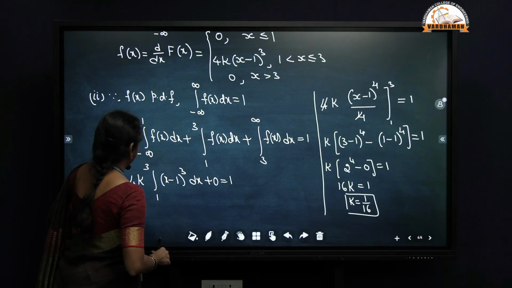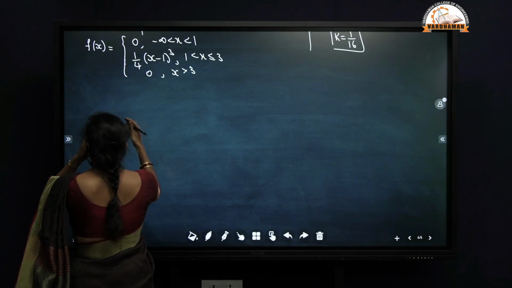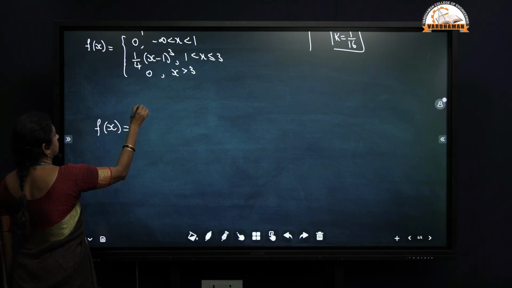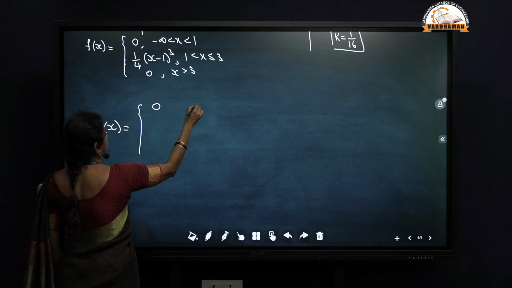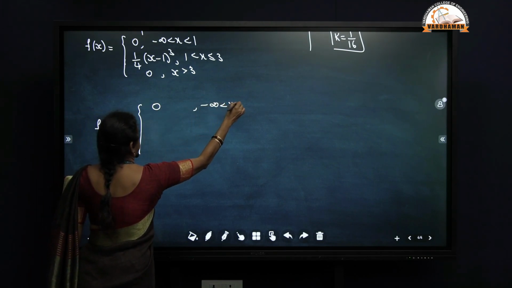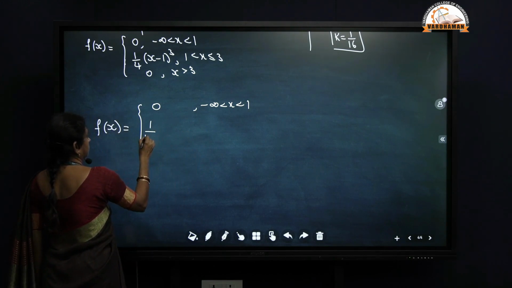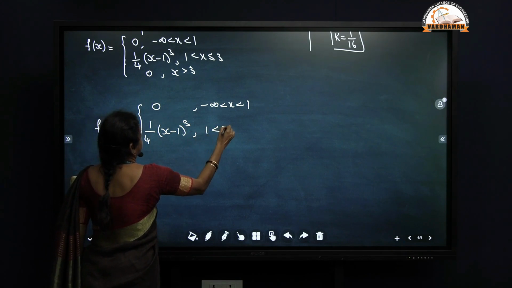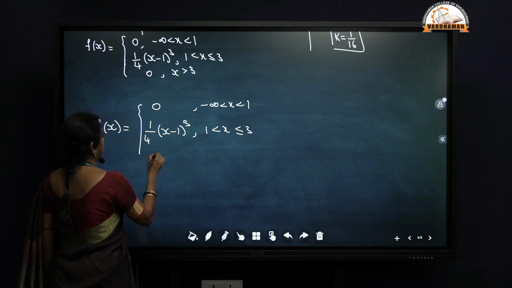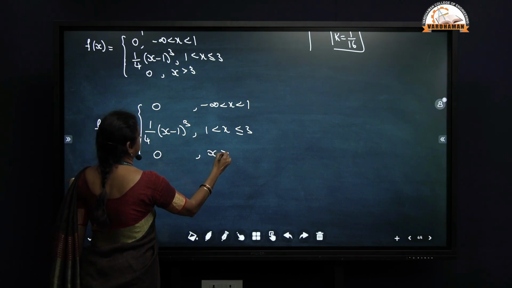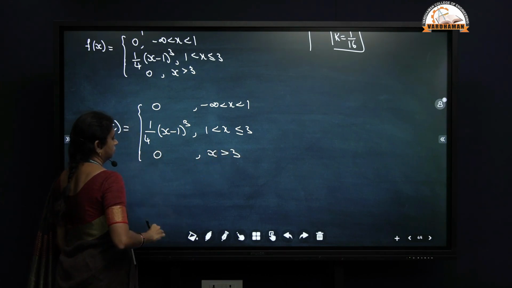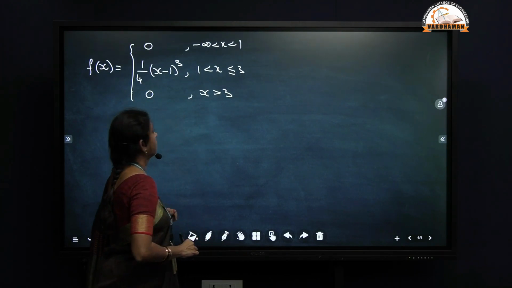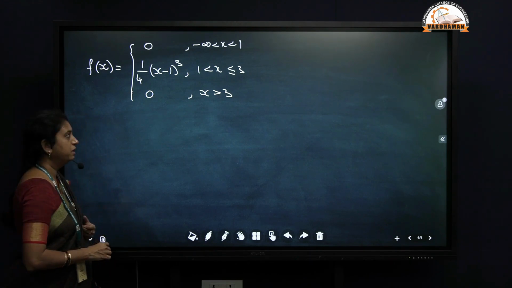Now, we will find out the mean for this function.